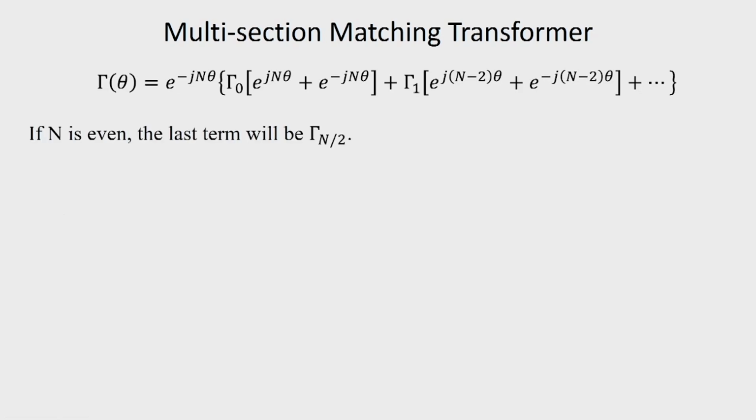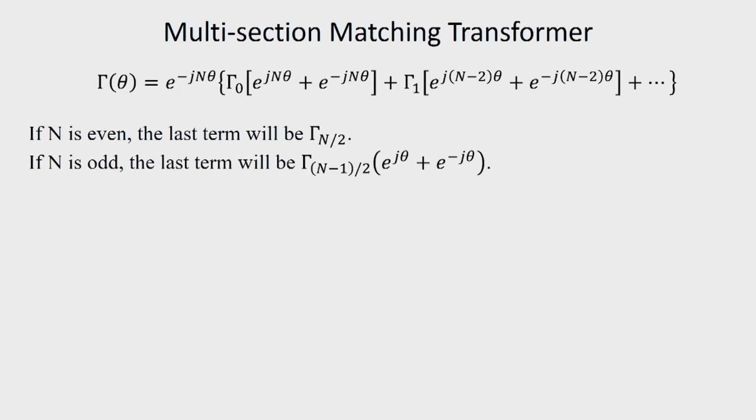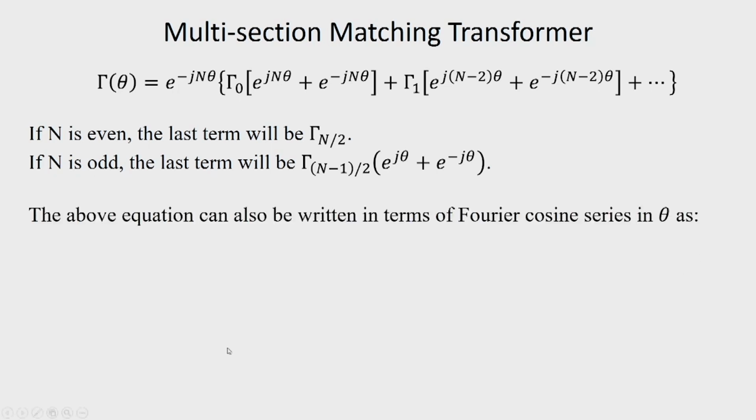Now, capital N can be even. In that case, the last term will be gamma N by 2. If capital N is odd, the last term will be gamma (N minus 1) by 2 times (e to the power j theta plus e to the power minus j theta). And these two equations can be written in terms of a Fourier cosine series in theta.